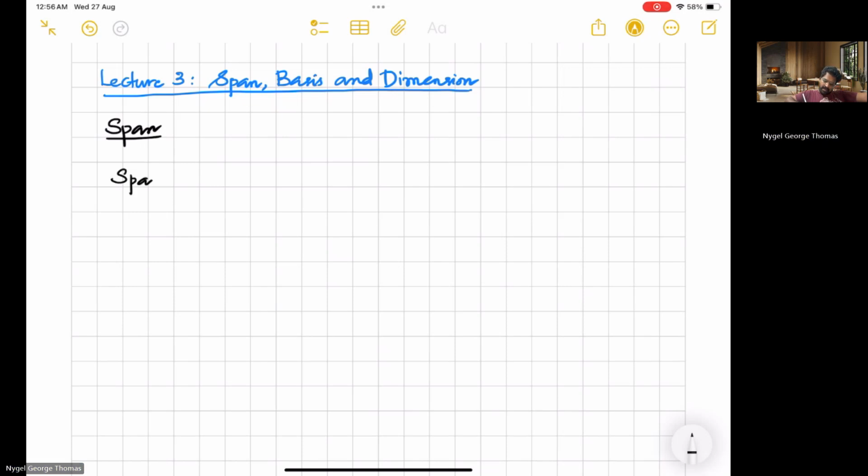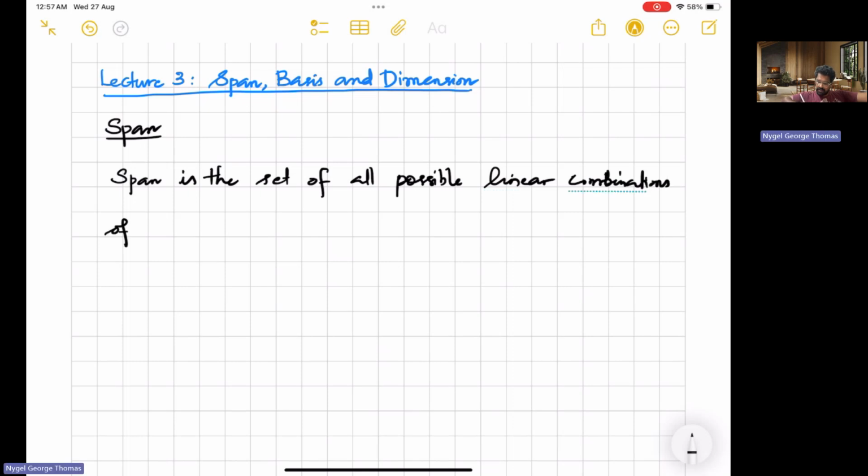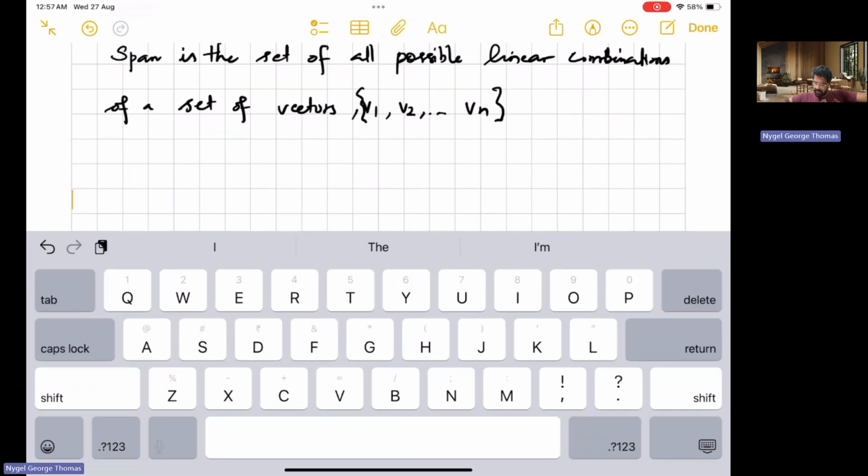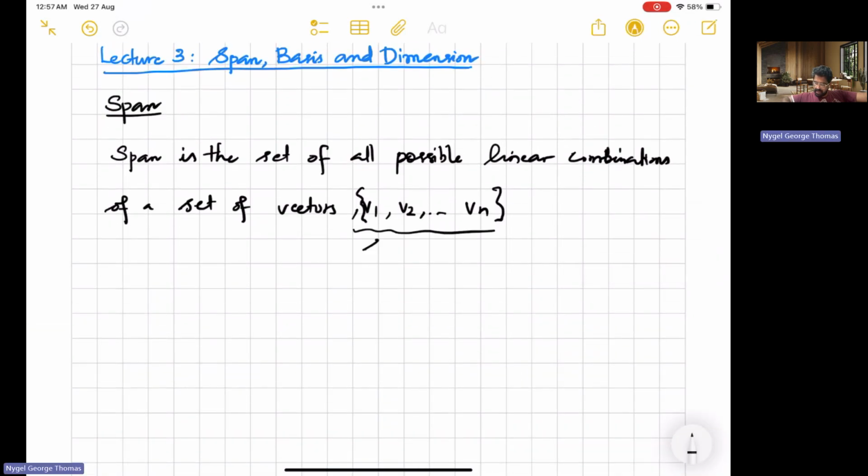Span is the set of all possible linear combinations of a set of vectors v1, v2, etc., vn. This is a set of vectors, and the set of vectors is known as the spanning set.